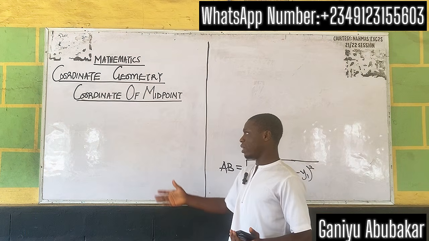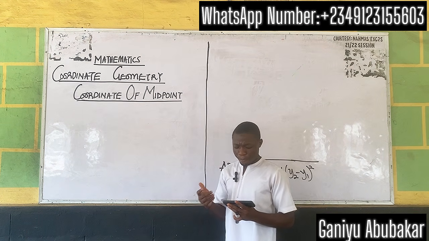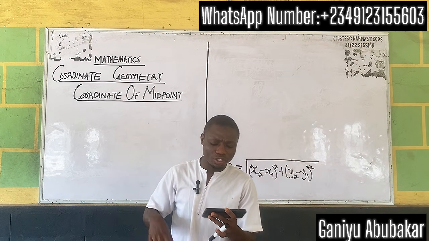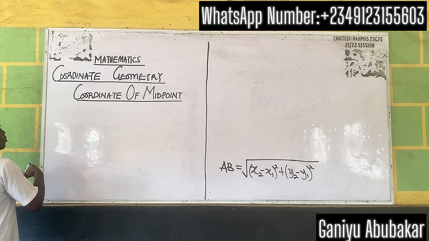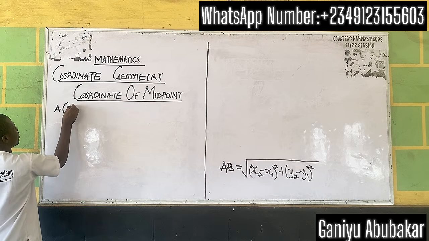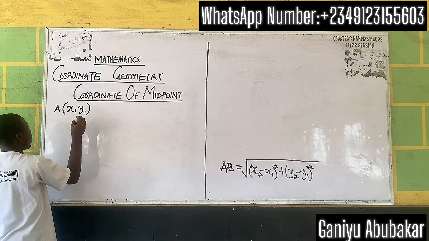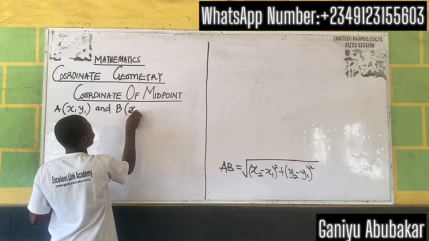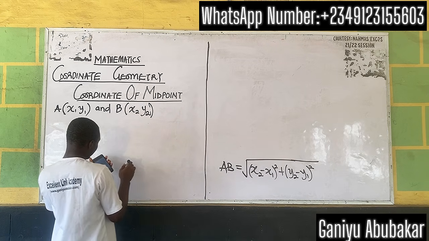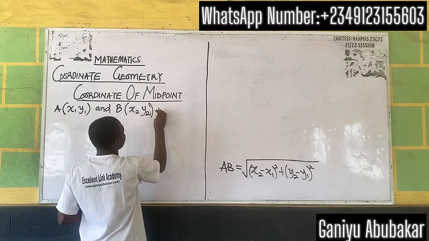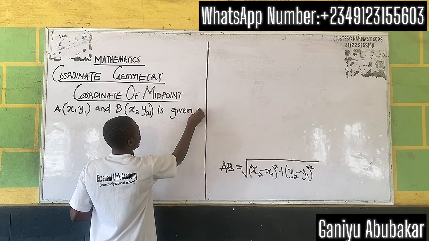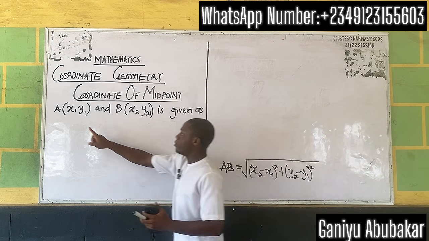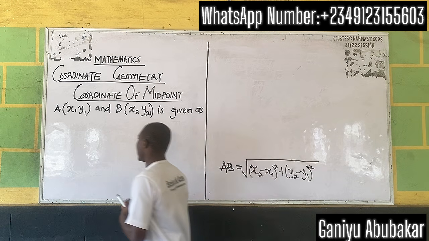So let's proceed with the concept behind coordinate of midpoint. The coordinate of midpoint of point A, of course A gives you x1, y1, and point B, x2, y2, is given as the equation on the board.